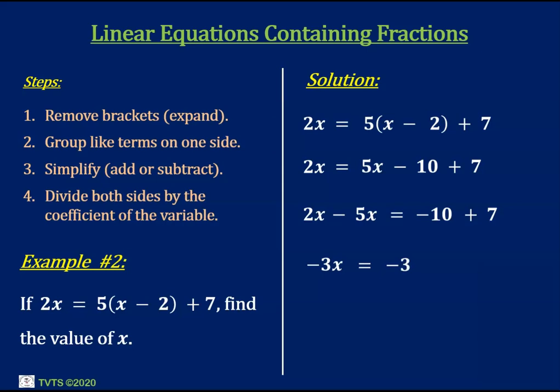Now, let's solve for x by dividing both sides by negative 3. So we have negative 3x divided by negative 3 is equal to negative 3 divided by negative 3.